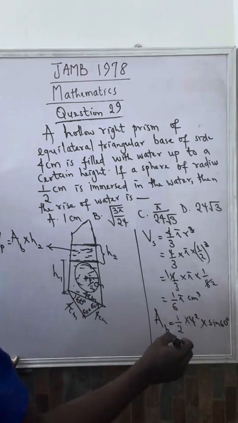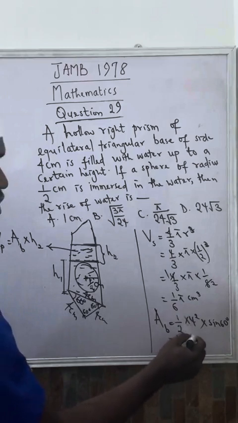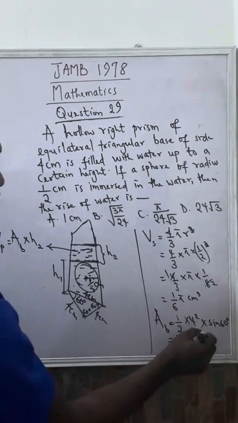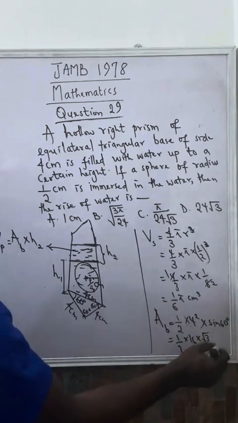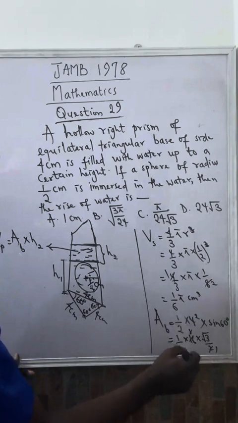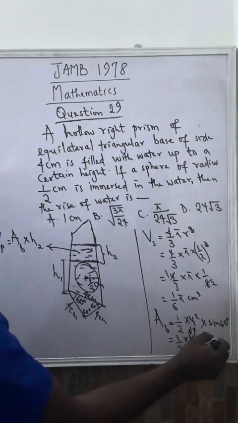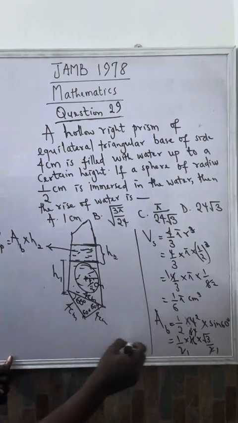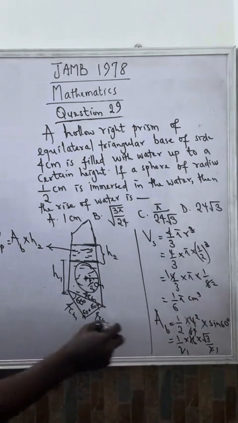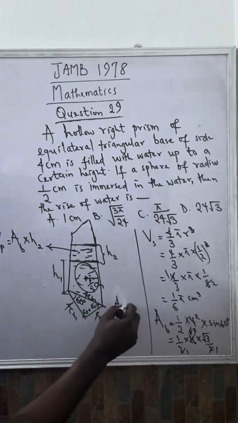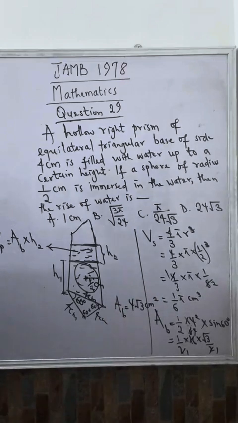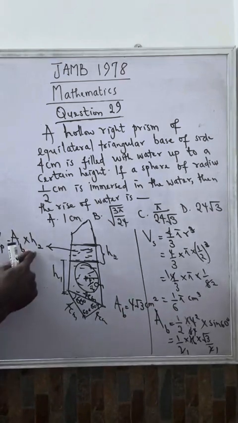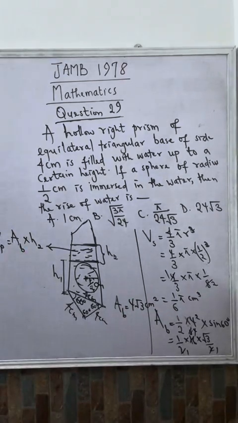So this gives half times 16 times sine 60, which is square root of 3 over 2. 2 here 1, 2 here 8, 2 here 1, 2 here 4. So that gives 4√3 cm squared. The area of the base is 4√3 cm squared.